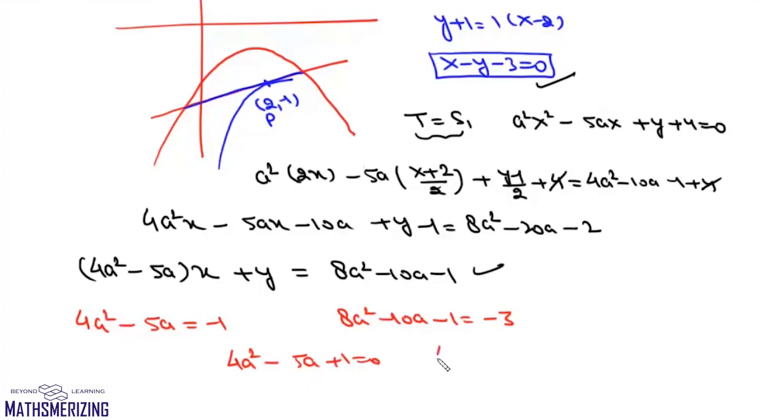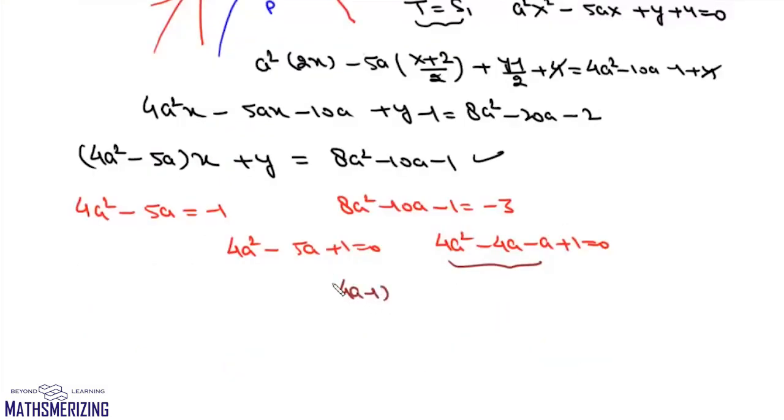So it will be 4a square minus 4a minus a plus 1 equals 0. So it will be (4a minus 1) into (a minus 1) equals 0. So either the value of a is 1 by 4 or the value of a is 1.